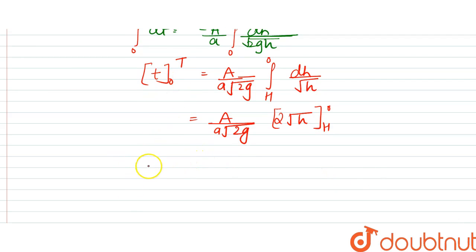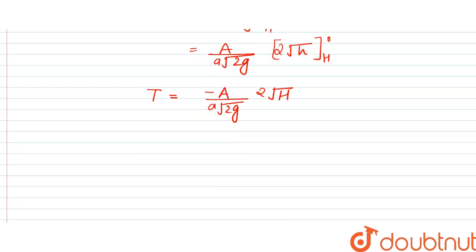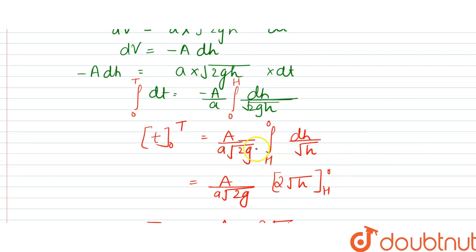So we would have time t, that is t minus 0 is t. From here, minus A by a root 2g, and we would have 0 minus 2 root h. We already have a negative sign, so this would be negative itself.